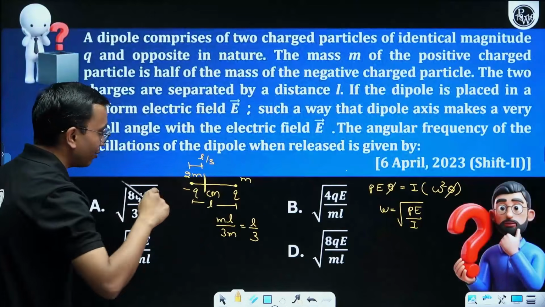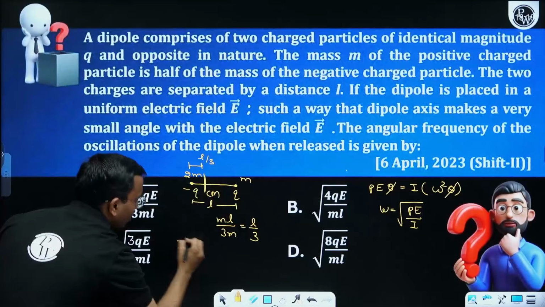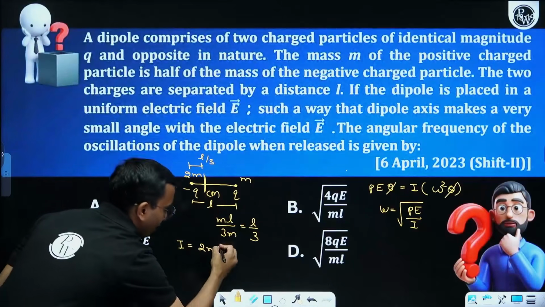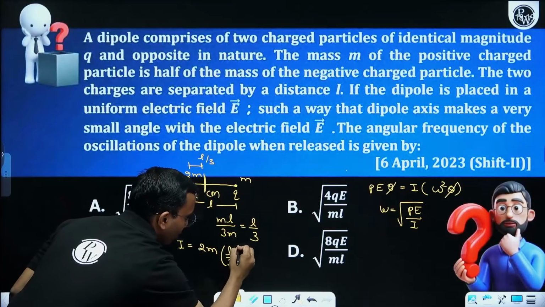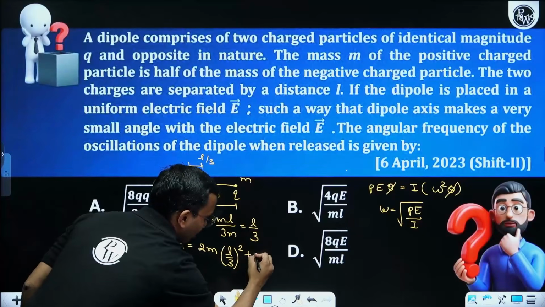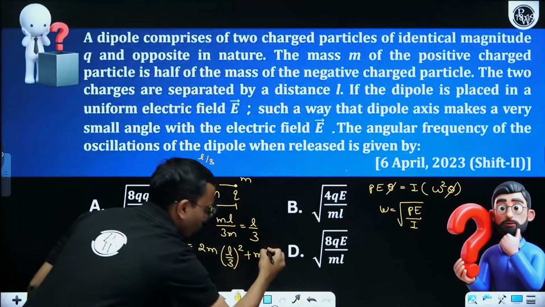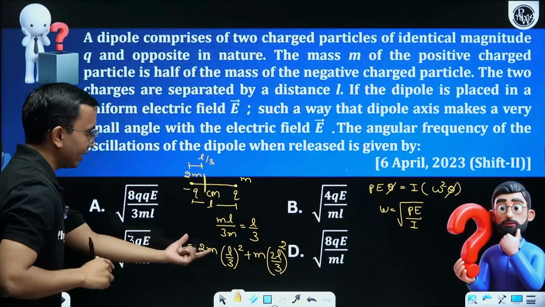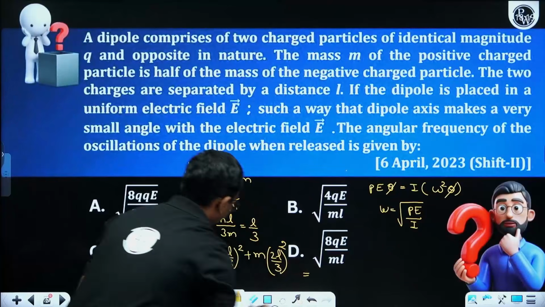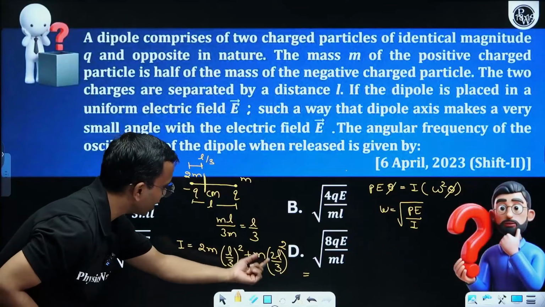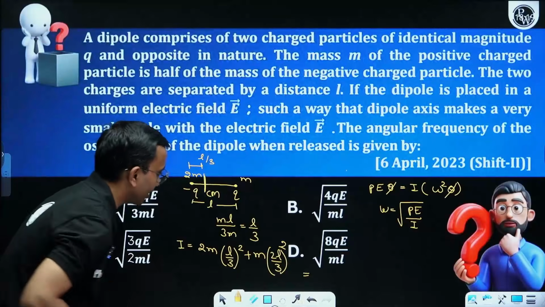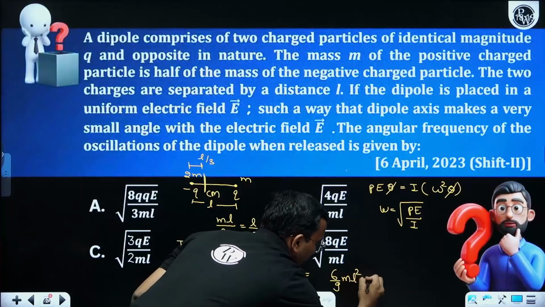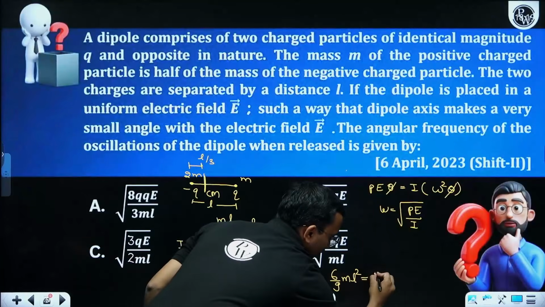About this, if I write the moment of inertia I, that will be 2m into L by 3 square plus m into 2L by 3 square. If I take mL square common, this will be 2 by 9 plus 4 by 9, so 6 by 9 mL square, which is 2 by 3 mL square.